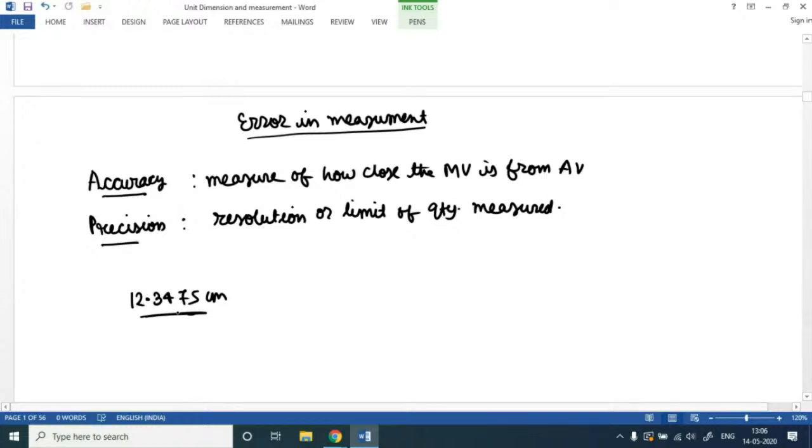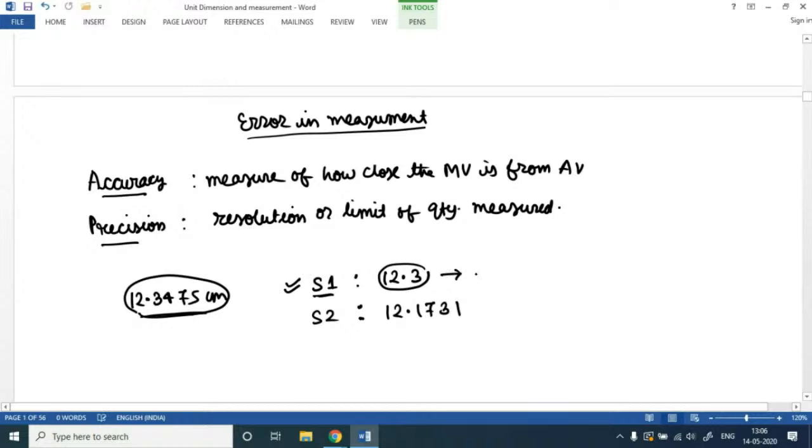Student one measured it to be, for example, 12.3, and student two measured it to be 12.1731, something like that. Now you see, the measurement of student one, 12.3, is closer to the actual value in comparison to this one.